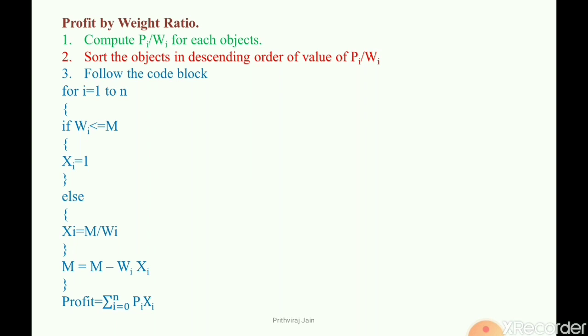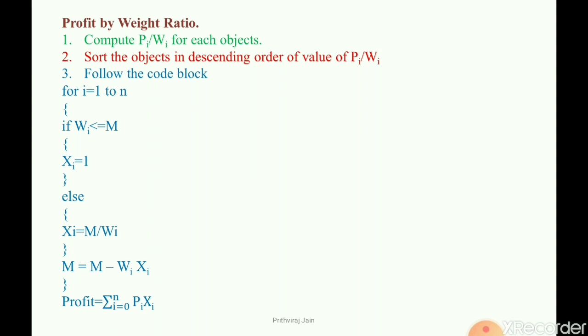Let us discuss the profit by weight ratio. The first step is to compute pi by wi for each object, that is, the ratio of profit by weight. The second step is to sort the objects in descending order of their value of pi by wi.